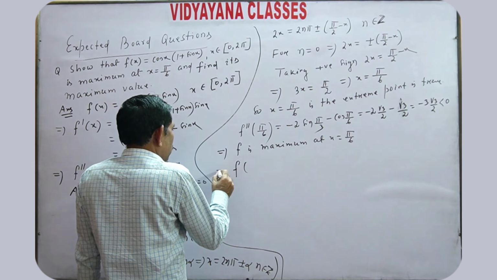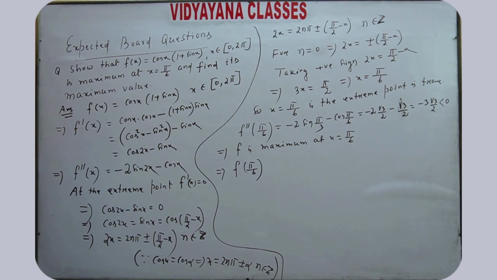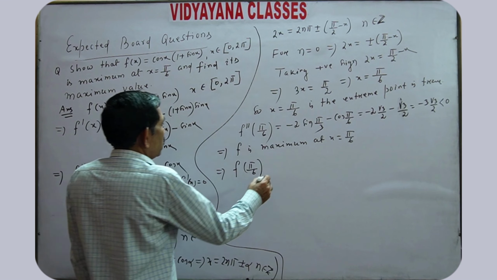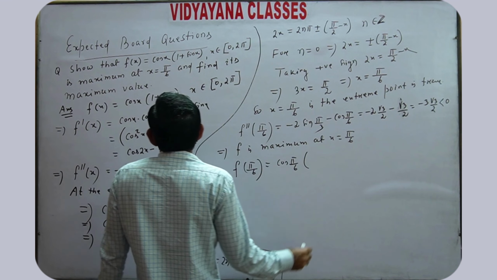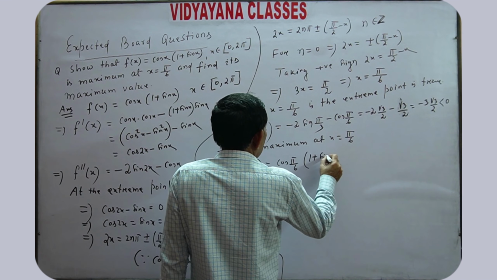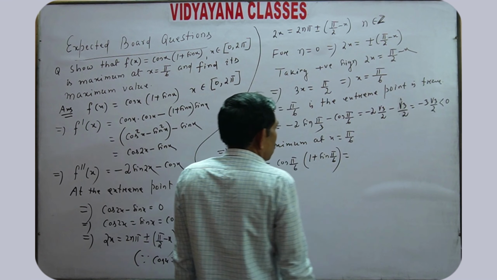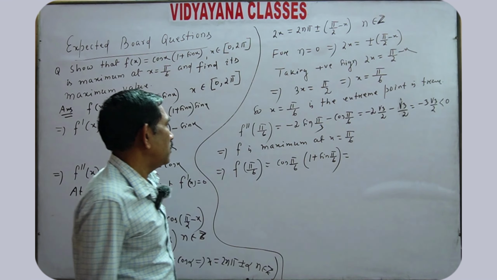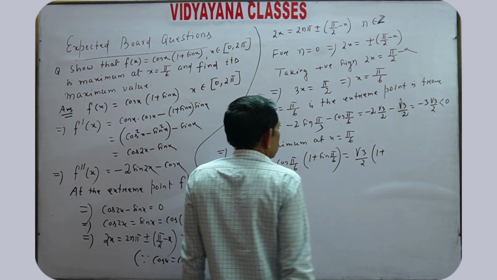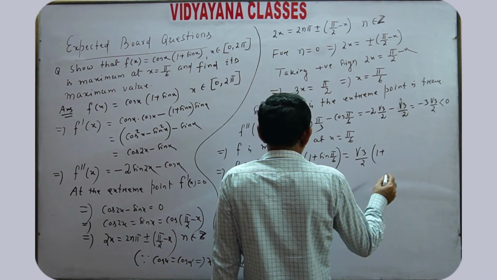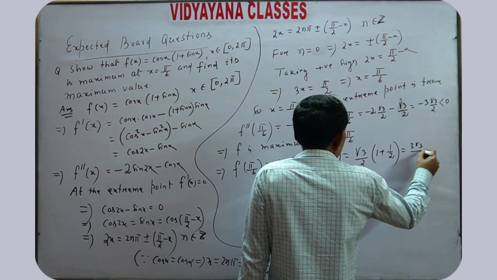f of pi by 6 is equal to the value of the function at x equal to pi by 6, which is equal to cos of pi by 6 into (1 plus sin of pi by 6), which is equal to cos 30 degree, root 3 by 2, into (1 plus sin 30 degree, which is half), which is equal to 3 root 3 divided by 4.